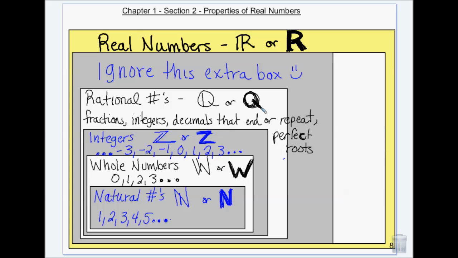Okay. Now, what we have is, if you have your traditional nesting dolls, right? You have this one little doll, and the next doll, and the next doll, and then the big doll on the outside is the real numbers. And in a normal wooden doll, that's all you have, but in our weird doll, we have this strange sort of crazy cousin doll that hangs out inside the big real number doll.